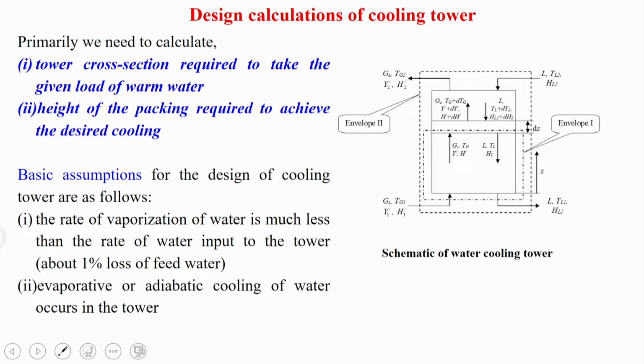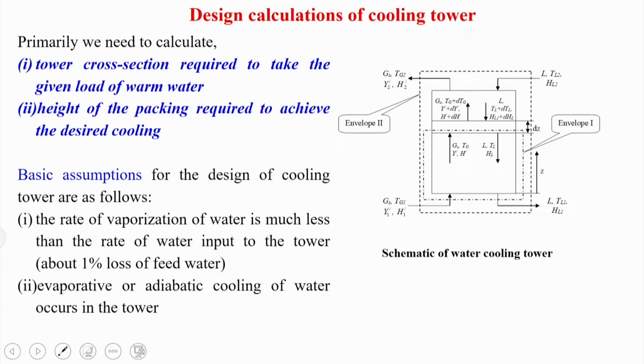Preliminarily, we need to calculate the tower cross section required to take the given load of this warm water, which will be fed from the top of this cooling tower, and the height of the packing material required to achieve the desired cooling, meaning what will be the final temperature of the cooled water. For this, we need to make two basic assumptions.